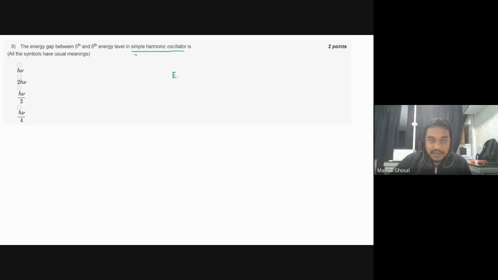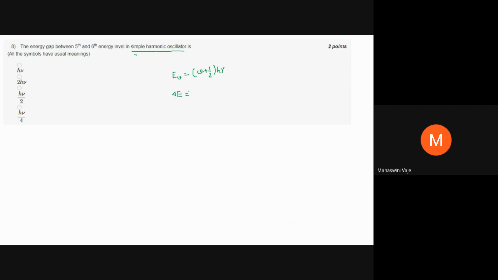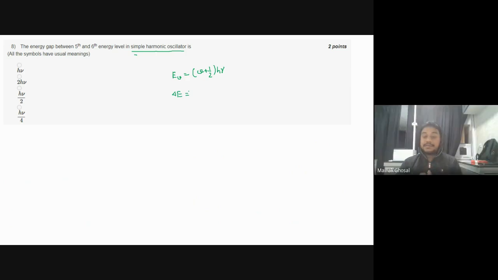Suppose my E for quantum number V is (V plus half) h nu, and I have told you that for simple harmonic oscillator, what is the energy difference between two successive states? H nu. Only h nu, exactly. Because if you put V plus 1, successive level means from V to V plus 1.